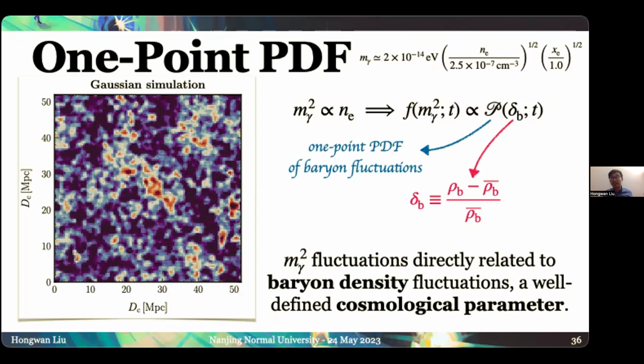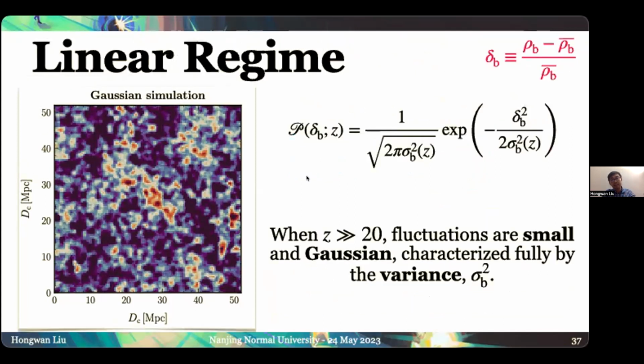And this is something that we understand pretty well in cosmology. So for example, in the linear regime where all of the fluctuations are very small, we know that the baryon overdensities are essentially governed by a Gaussian probability density function given by some variance sigma_b squared that we can extract from the power spectrum of matter fluctuations, which is something that we can compute very easily in cosmology.